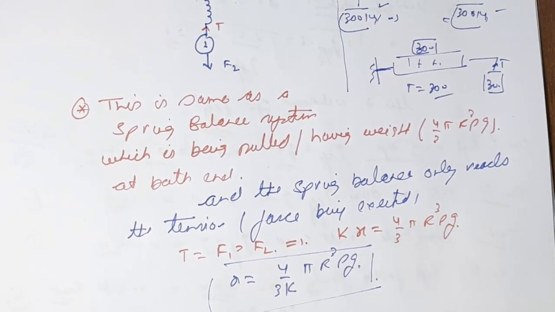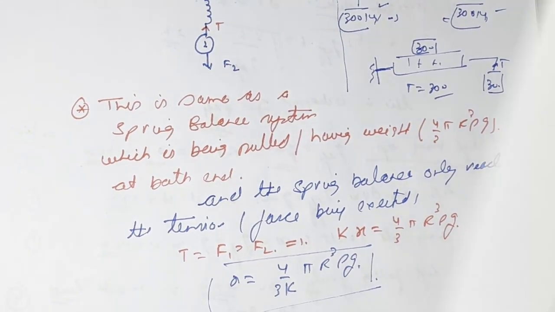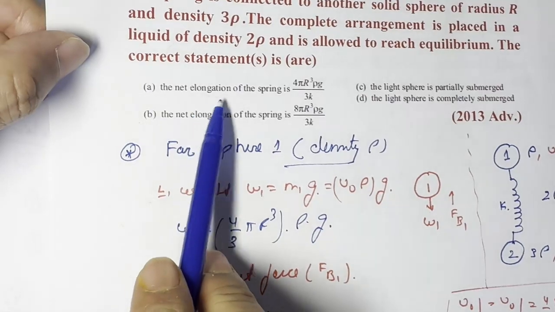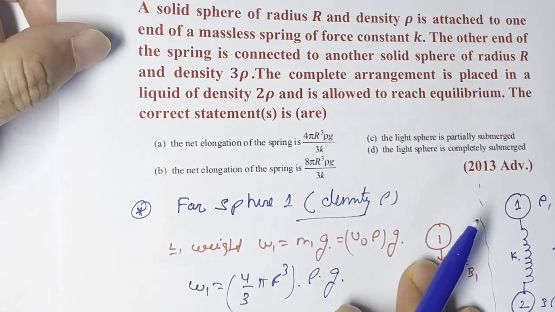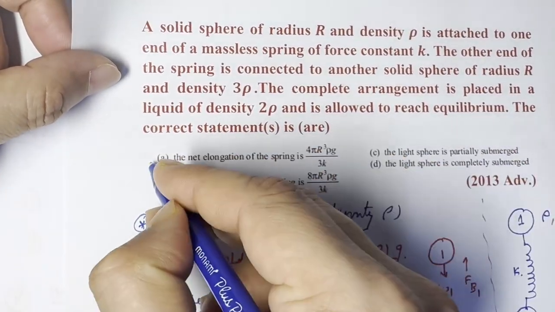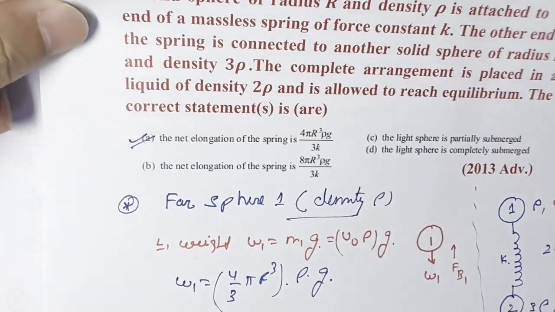So x will be equal to 4 pi r cube rho g divided by 3K. This is the answer to the first part, which asks for the net elongation in the spring. So option A is the correct option.